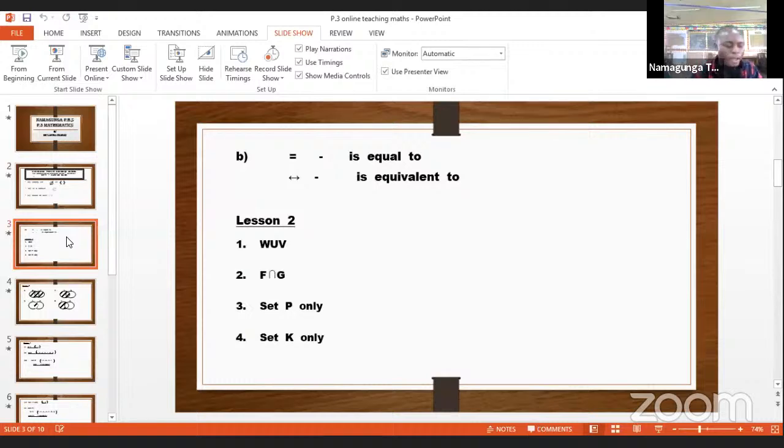Our next part was saying, name the following set symbols. Who can name for us the following set symbols? Nantege Martha. The first set symbol there, Nantege Martha.